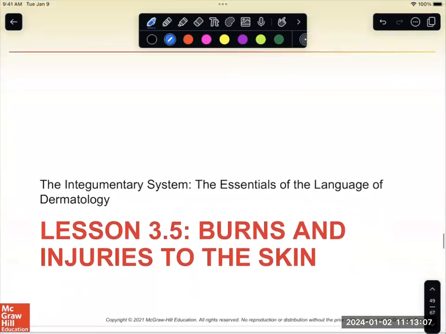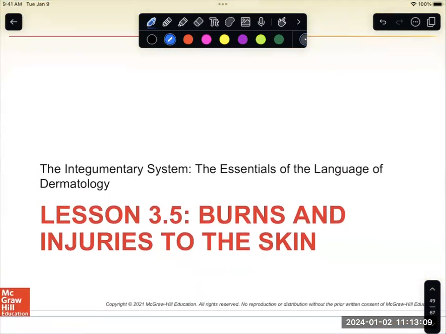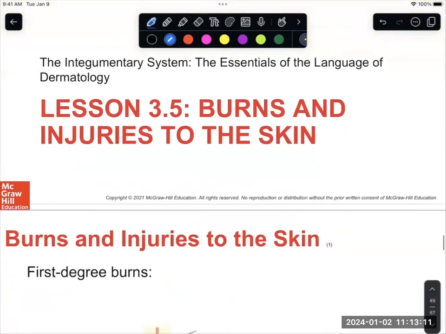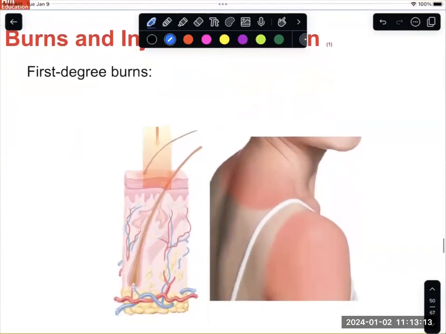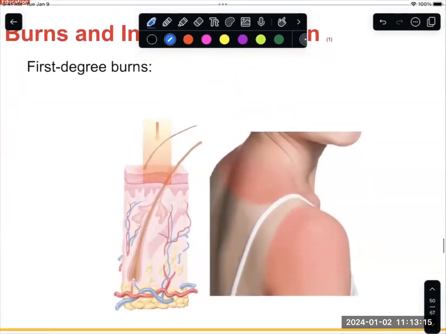So let's look at burns and injuries to the skin. A first-degree burn is also known as a superficial burn. We get first-degree burns from prolonged sun exposure or short exposures to hot surfaces, like a hot stove.